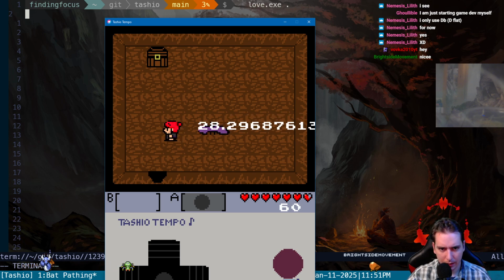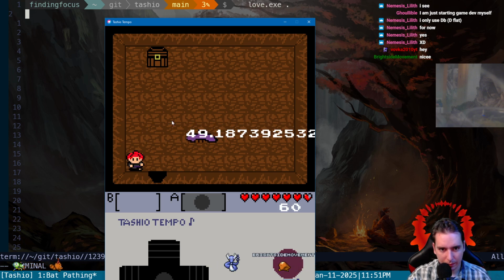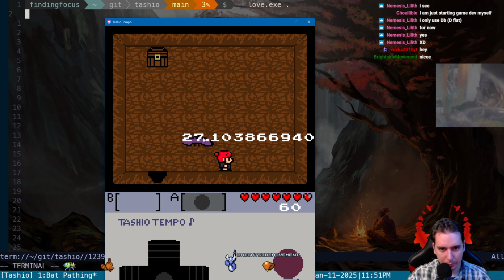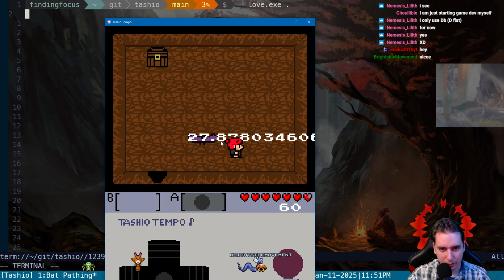So on this side, the distance to the player is from the top left to the top left. So this is 28 pixels. But the distance from the top left of him to the top left of us here is 28, and look how much closer he is, because we're going from here to here instead of our whole body.